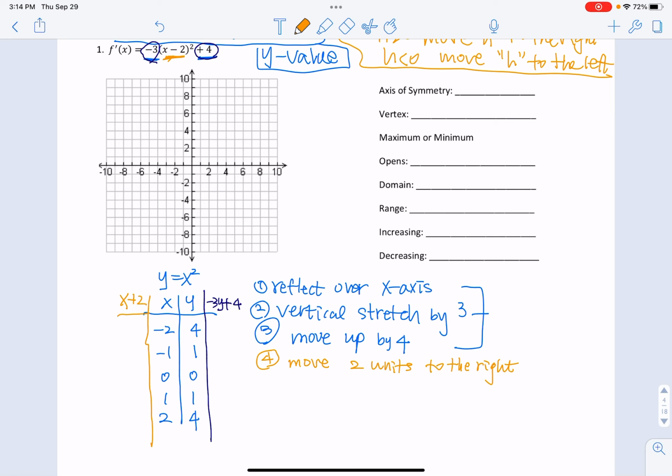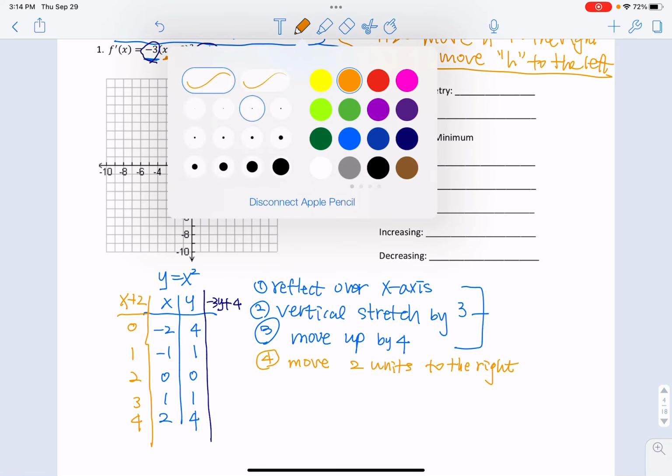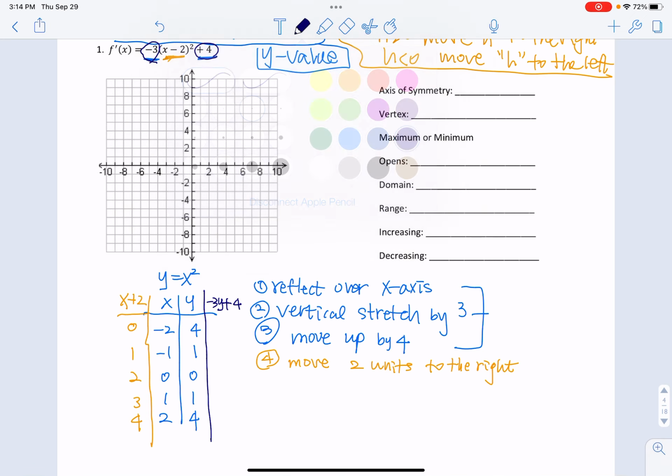So x plus 2 will be 0, 1, 2, 3, 4. And then the new y values will be negative 8, 1, 4, 1, negative 8.